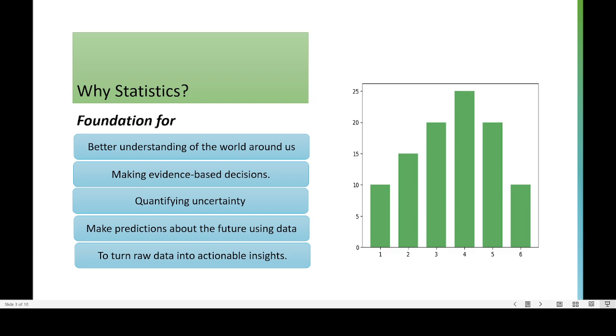Outlier detection: we can use statistics to detect outliers and handle extreme data points. Similarly, statistics can be used for dimensionality reduction.